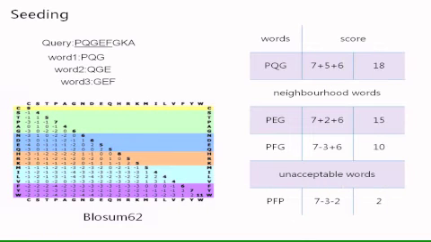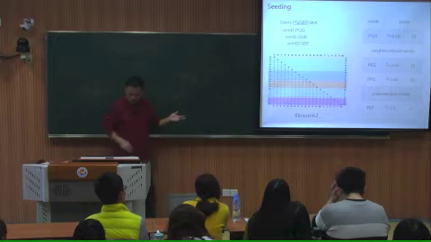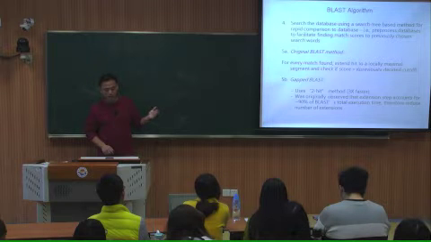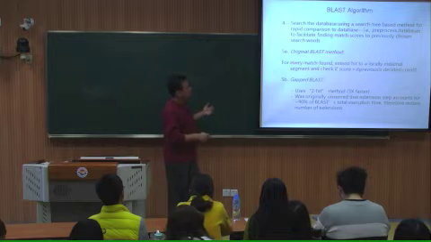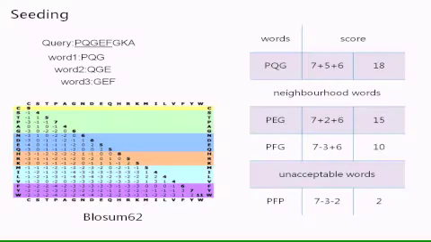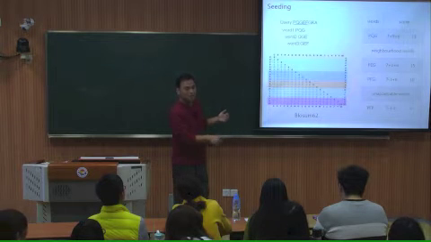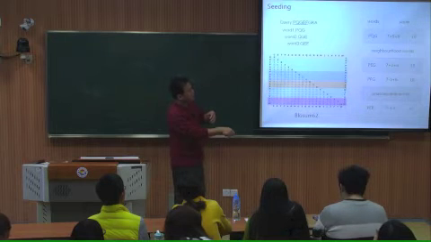So the first step uses the seeding. We calculate all these possible matches, as I said, and then we search the database, using a search tree-based method to compare rapidly against the database. What does that mean? For example, if we look at the first word, PQG, and after we calculate all of these, say we only have these 3 left. All the other possibilities score less than the threshold, so we don't keep them.